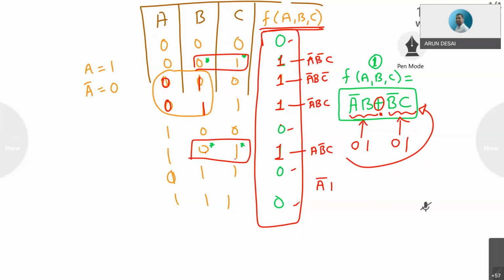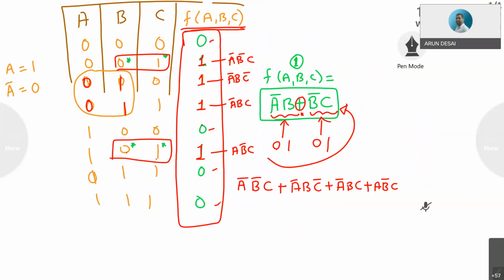This expression is true for A complement B complement C, or A complement B C complement, or A complement B C, or A B complement C. Right?